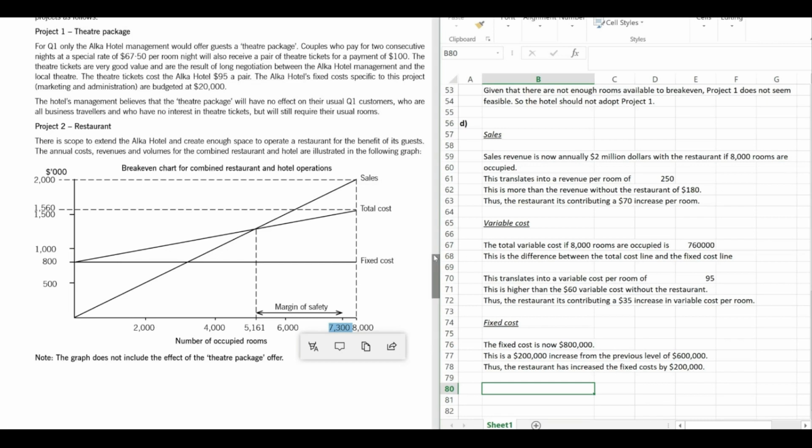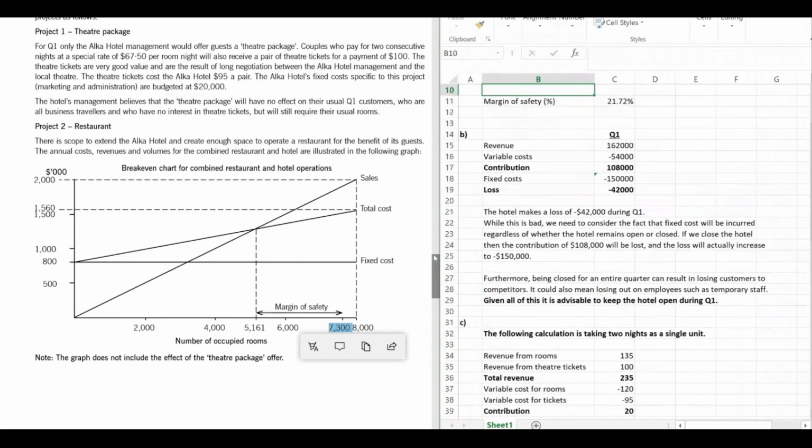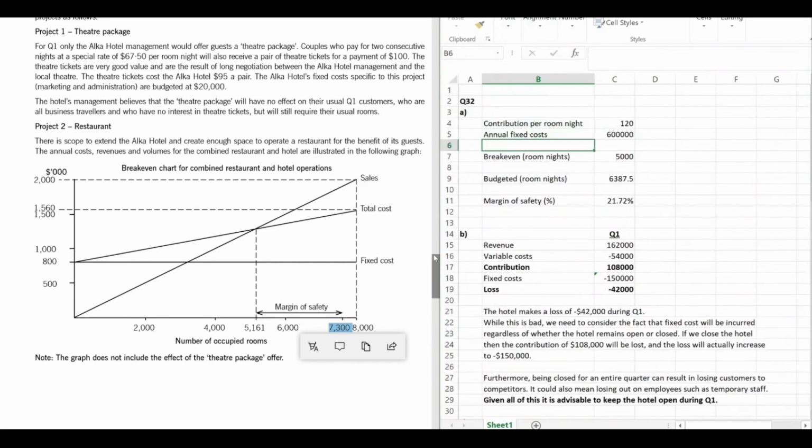Okay, so break-even combined with the restaurant, the hotel has a break-even at 5161 rooms. This is higher, I believe. The old break-even was 5,000 room nights, right?